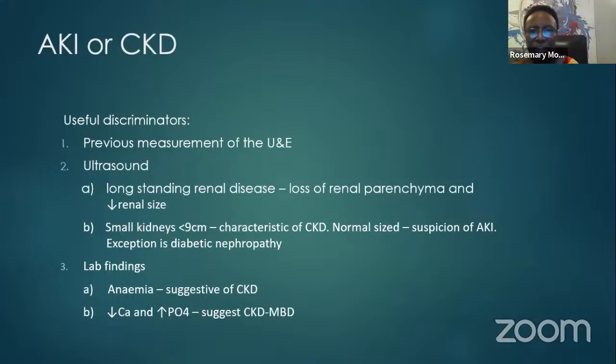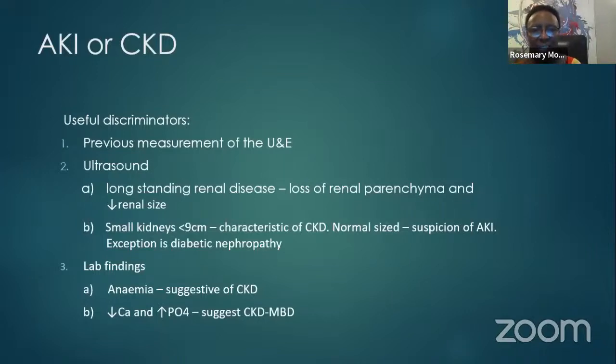The other condition where you can see big size kidneys is diabetes, okay, diabetic nephropathy. If the patient has got both hypertension and diabetes, sometimes it may just lead to a normal size, depending on which one is much more significant in that particular patient.